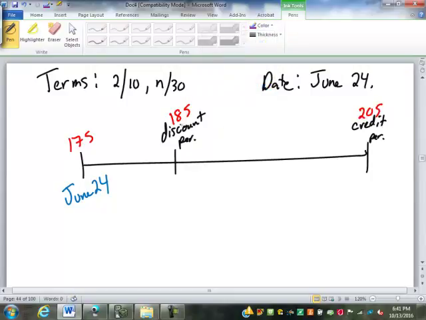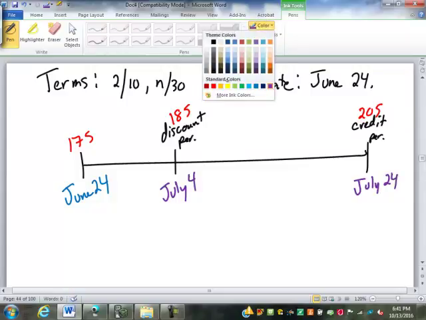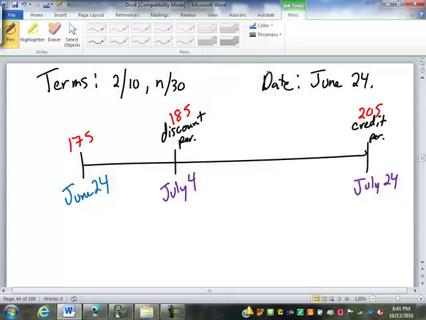So for dates, that gives us the discount period. Day 185 is July 4th. And this is July 24th. So if they pay between June 24th and July 4th, they get a 2% discount.